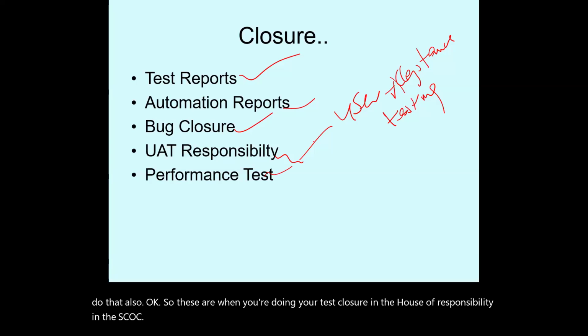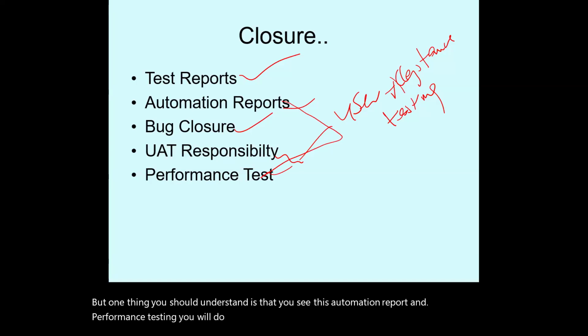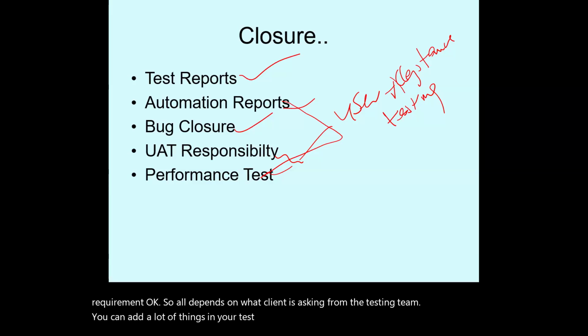But one thing you should understand is that this automation report and performance testing you will do on the basis of the client's requirements. It all depends on what the client is asking from the testing team. You can add a lot of things in your test closure. Like in your test report, you will add your test matrix, and your requirement traceability matrix is also provided.